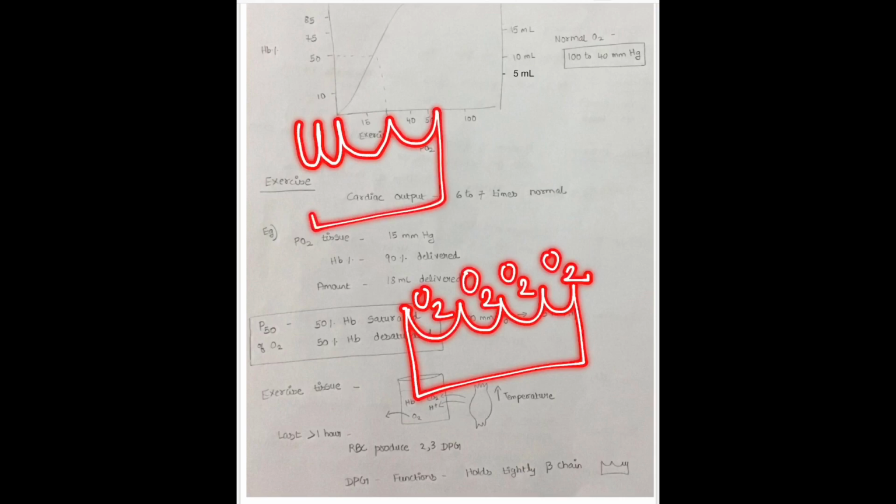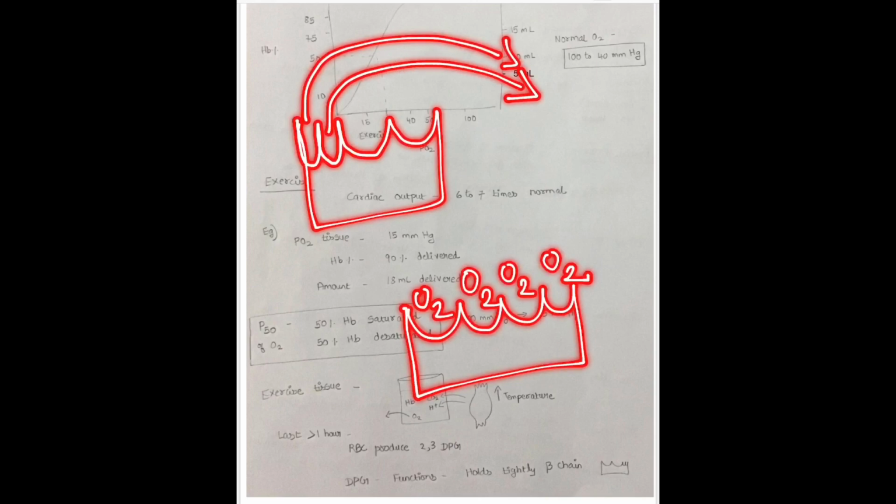So the oxygen molecules in these 2 pockets get delivered to the tissues. Because the size decreases, the oxygen molecule cannot stay inside the pockets, so it jumps out and goes outside.